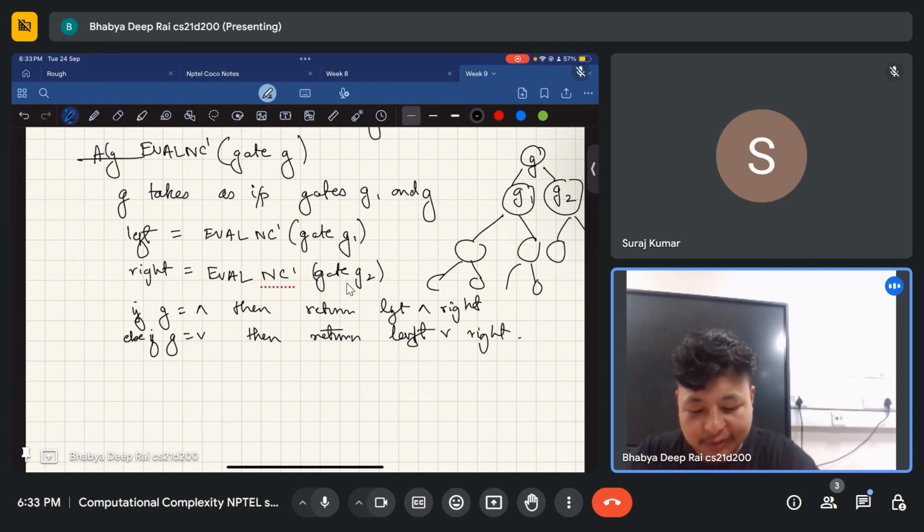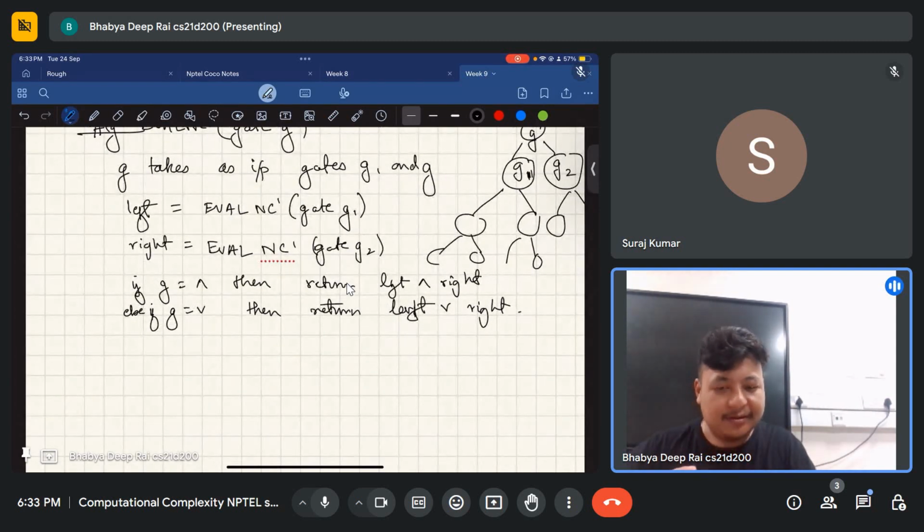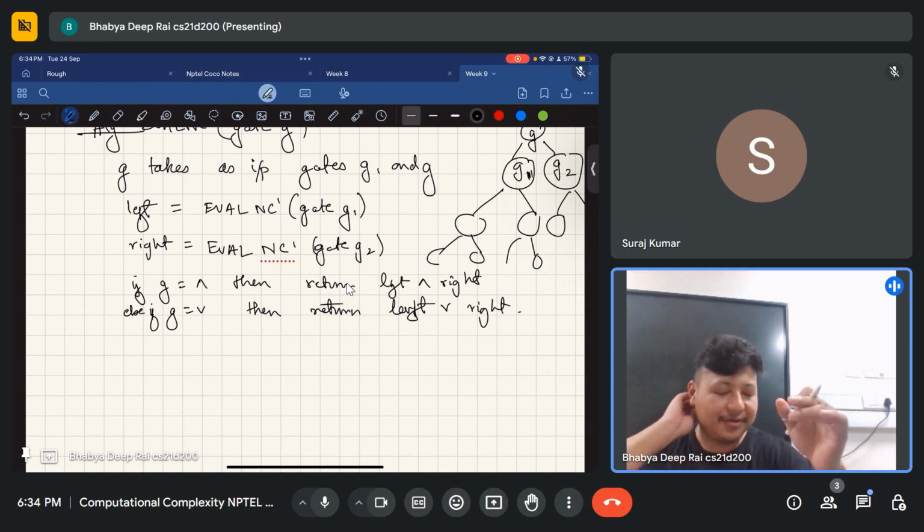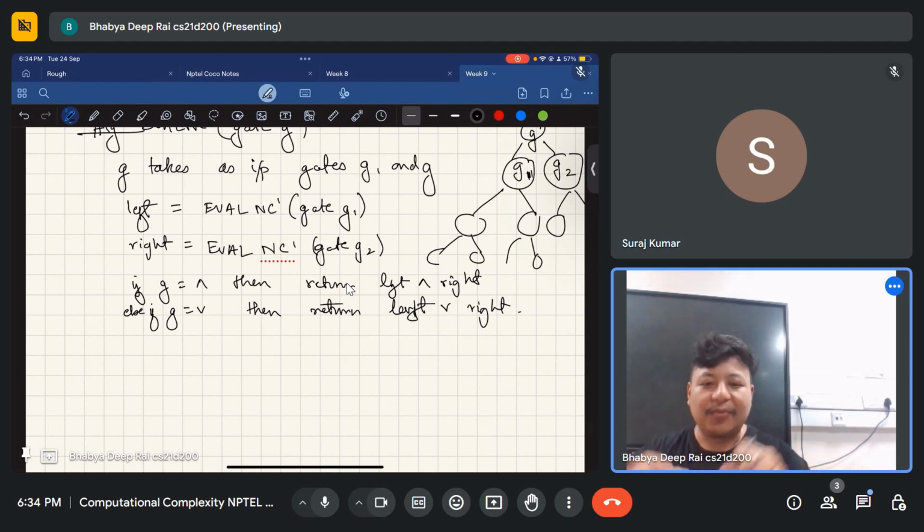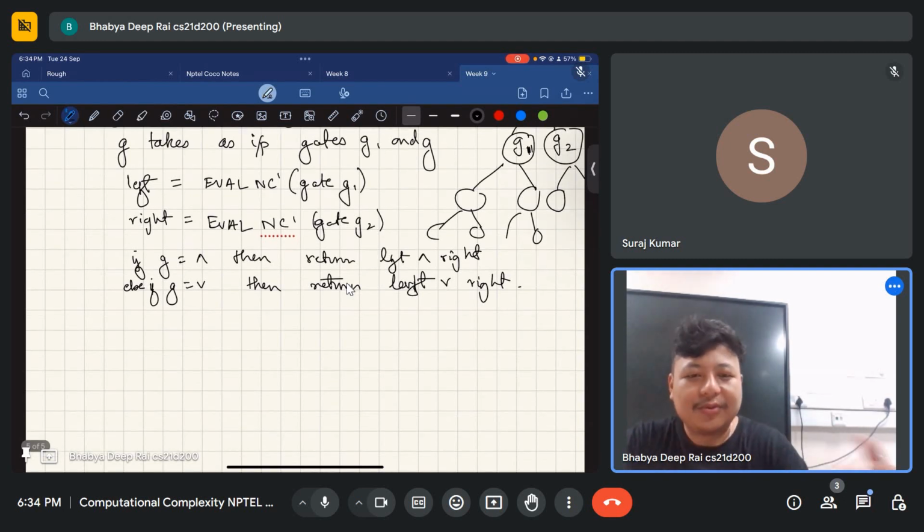G1 itself will depend on several gates, G2 itself will depend on several gates, so the memory is sort of branching. I need to account for more and more gates, which is a problem for us. Although the depth is logarithmic, I'm remembering a polynomial amount of information, but I have only a limited number of bits, so I cannot do this directly.